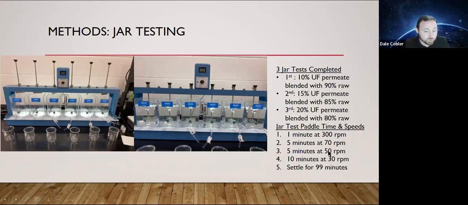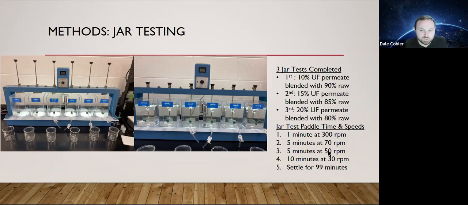The jar testing experiment was completed 3 times with different concentrations of 2nd stage ultrafiltration membrane permeate blended with raw source water from Mountain Island Lake. The typical ratio of this permeate to raw water that is blended for supply water that goes to the 1st stage membranes is 15% permeate to 85% raw water.